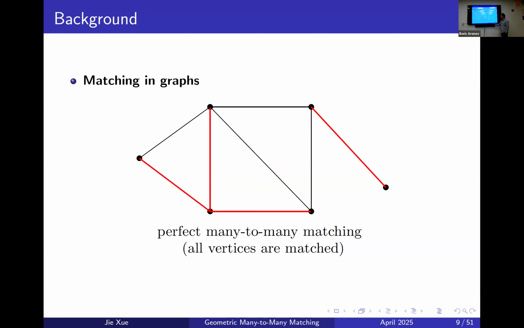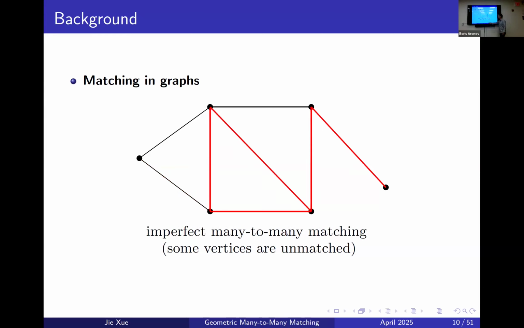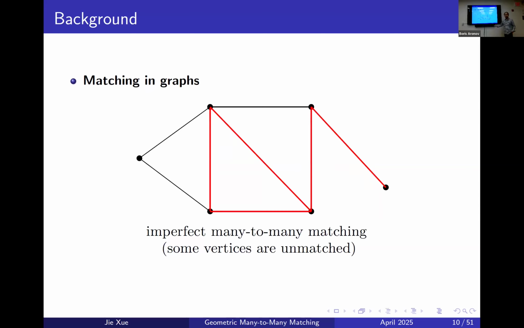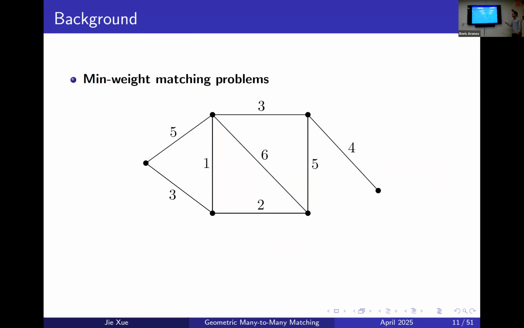And in this other case, although you have a lot of edges here, as you can see at this point, this vertex is left, so it's an imperfect many-to-many matching. Okay, so far.